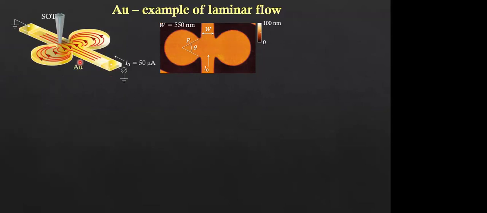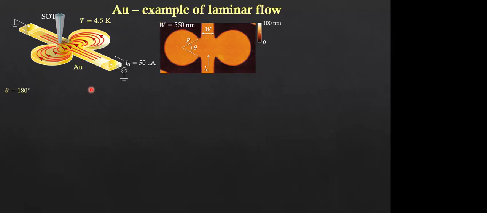The schematic of our device and our measurements looks like this. We pass a current of about 50 microamperes, there's a source and a drain, and we have a SOT scanning over the gold device. All the measurements are done at 4.5 Kelvin.